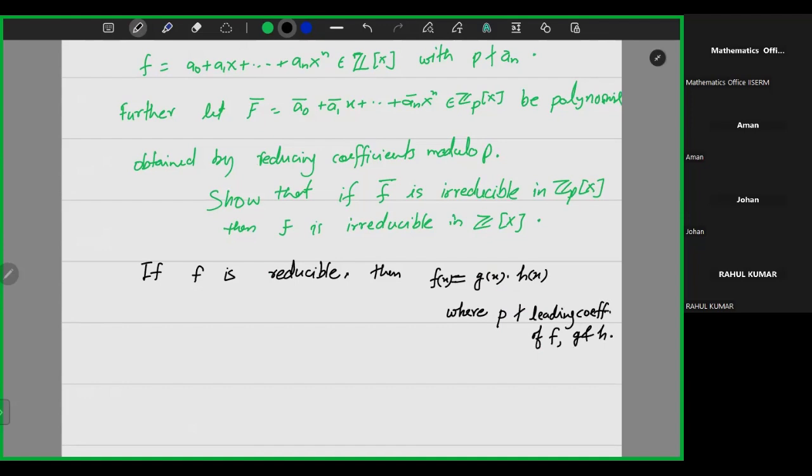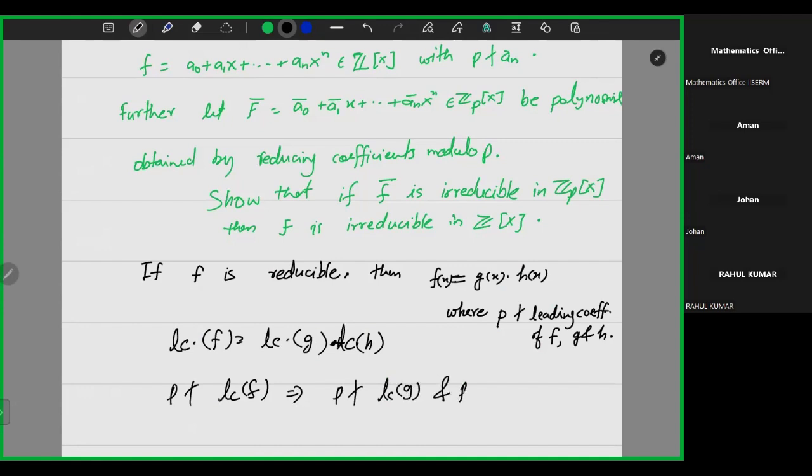Because P does not divide the leading coefficient of F, and the leading coefficient of F is equal to the leading coefficient of G times the leading coefficient of H. So P does not divide the leading coefficient of G, and P does not divide the leading coefficient of H.